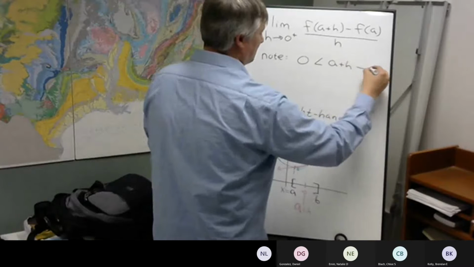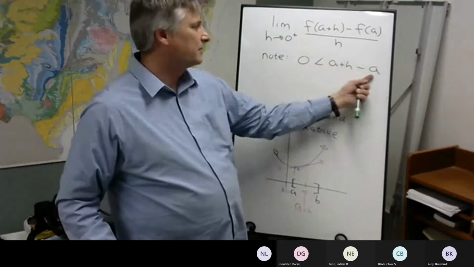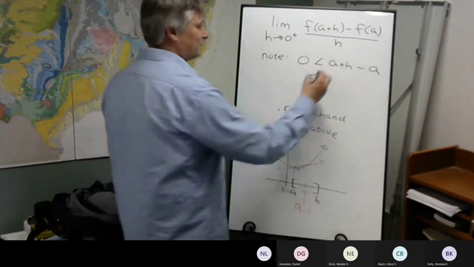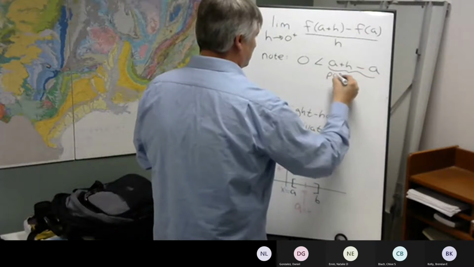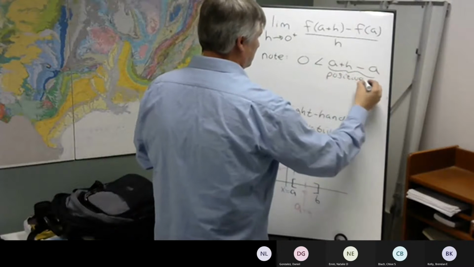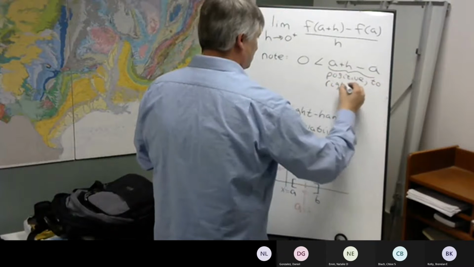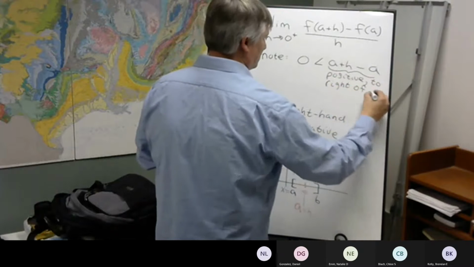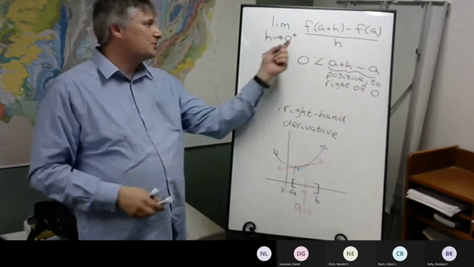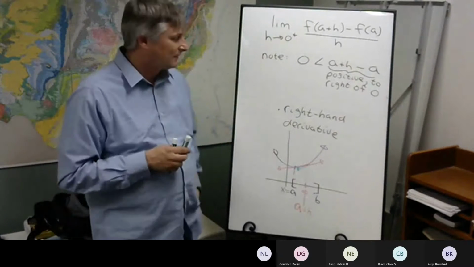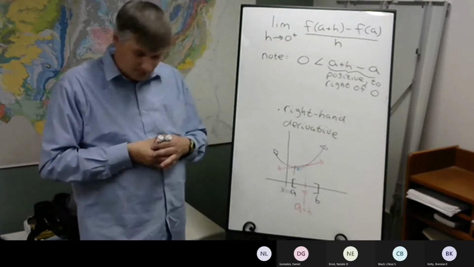This is going to be a positive number to the right of 0. So that's why we're using 0 plus. So we've got to have this right-hand derivative to hold.